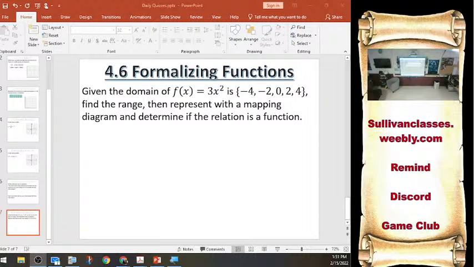What is a mapping? Again, make sure these are nice and labeled.